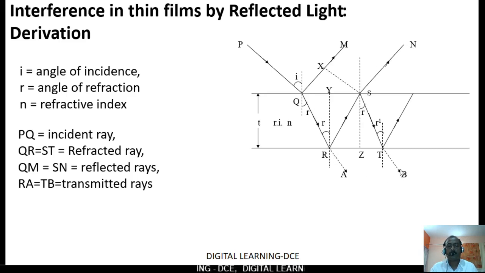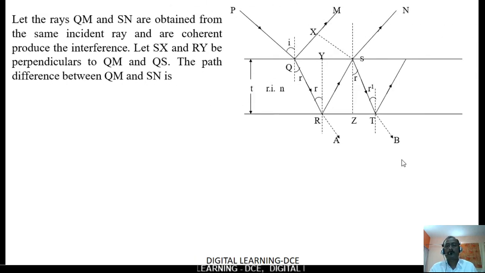Here RA and TB are transmitted rays. The rays QM and SN are obtained from the same incident ray and are coherent, so they produce interference. Let SX be perpendicular to the ray QM, and RY perpendicular to QS.